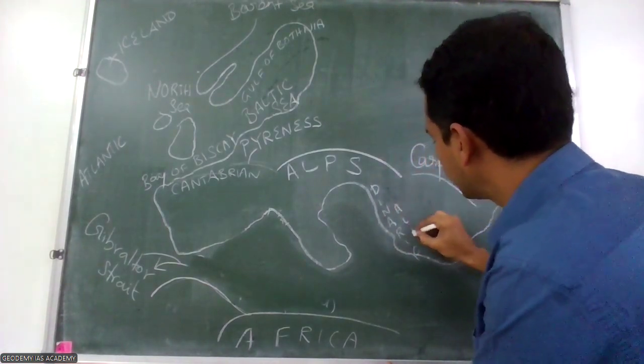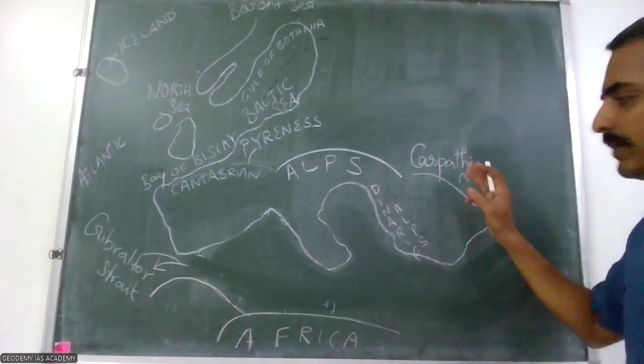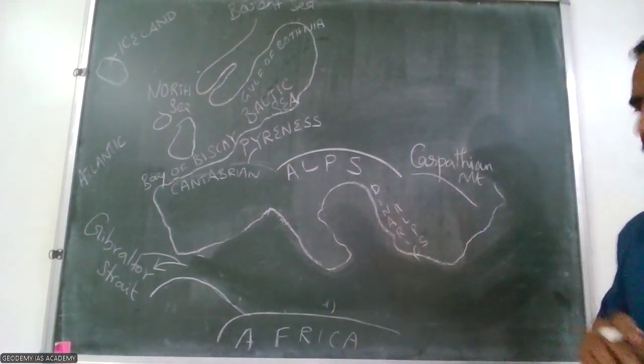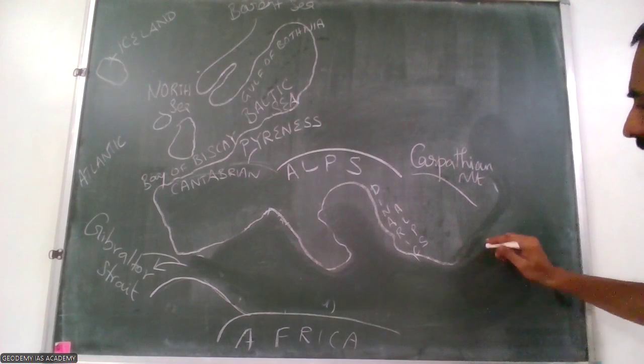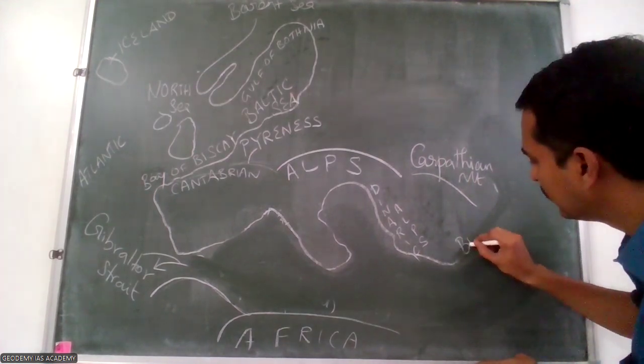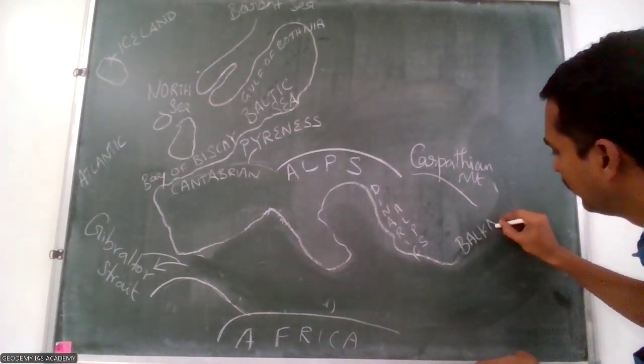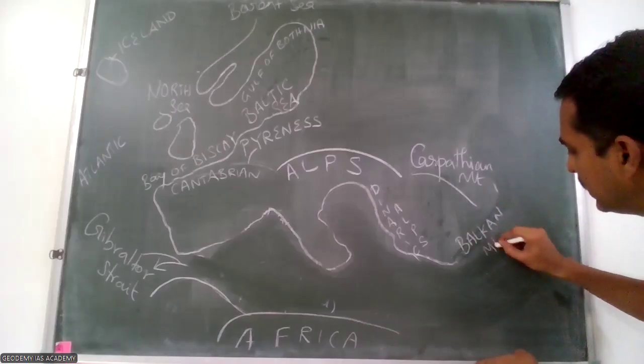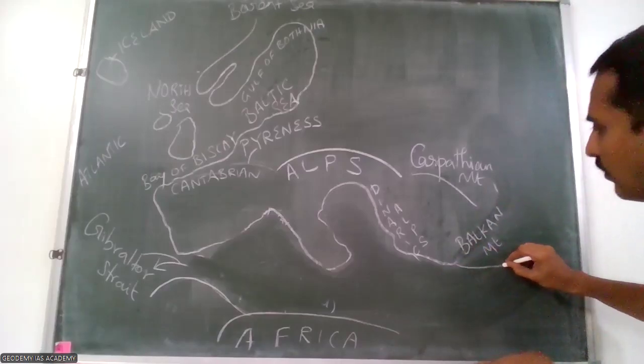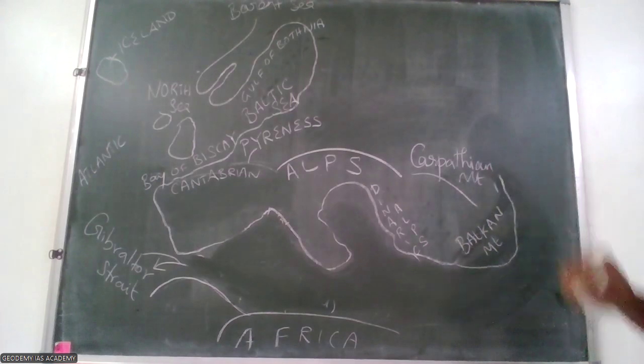The Carpathian Mountain, and here the Dinaric Alps. And this region is the Balkan Mountain. Those countries located in this region are called the Balkan countries or the Balkan Peninsula.